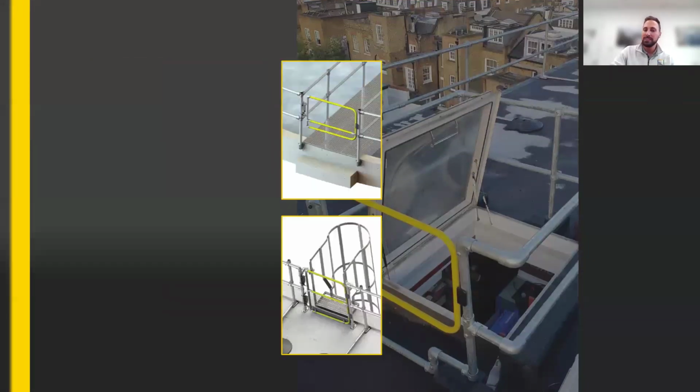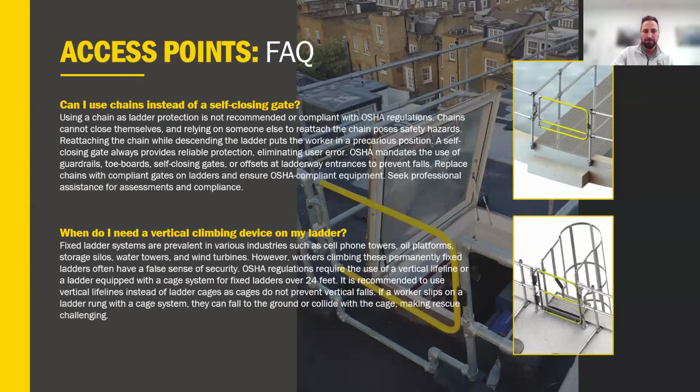The questions that I get asked around access points are, number one, can I use a chain instead of a self-closing gate? The answer is, you used to be able to, but not anymore. In the old code, if you remember, I said earlier, they didn't describe the gate as a self-closing gate. OSHA described the gate as a swing gate.